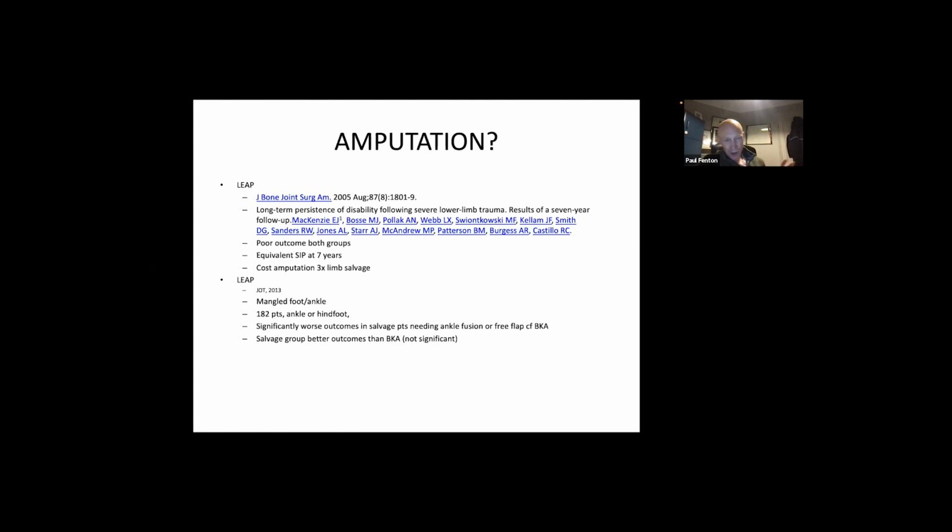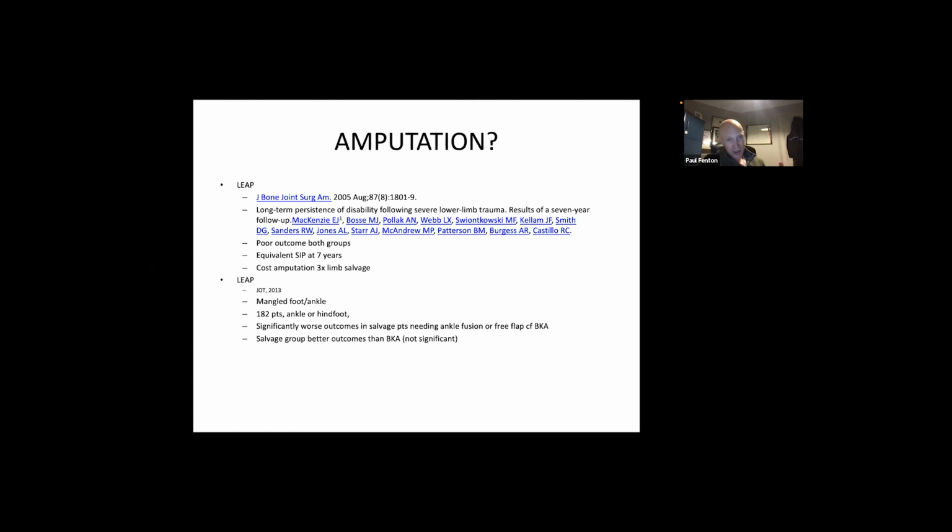And so at 7 years, the functional outcome was the same in both the groups, and it was pretty poor. Less than 50% had got back to their pre-injury occupation. Most had persistent disability. But comparing the two groups, there's not really any difference if you compare amputation with limb salvage.